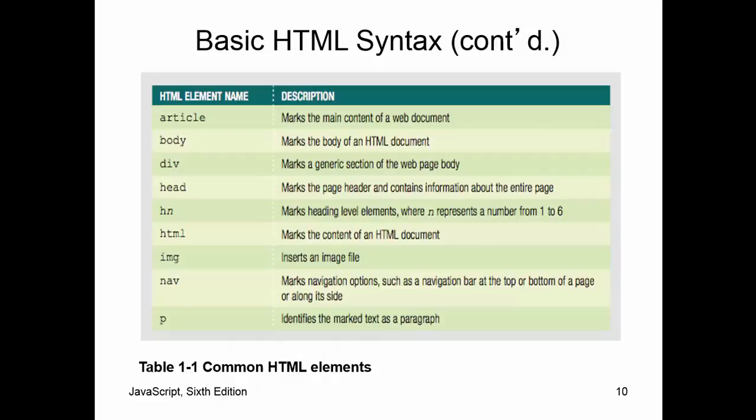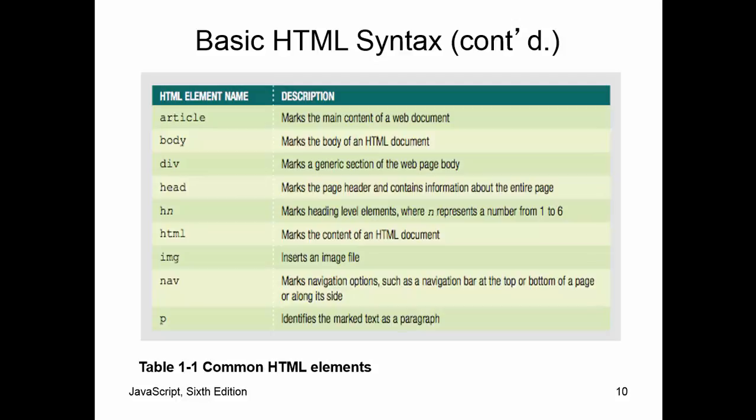Now, they show here some common HTML elements. What I do want to mention as far as what's in here, all right, is the first one, not the rest of them, but just the first one that's shown there, article, is actually a newer tag because the newest version of HTML is HTML5.